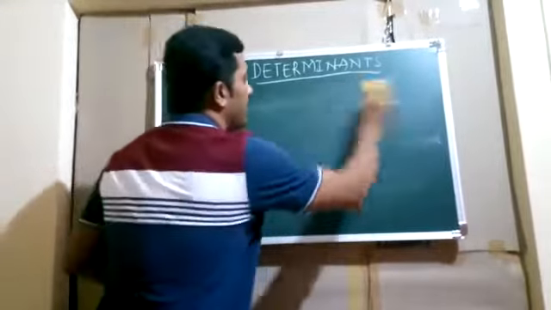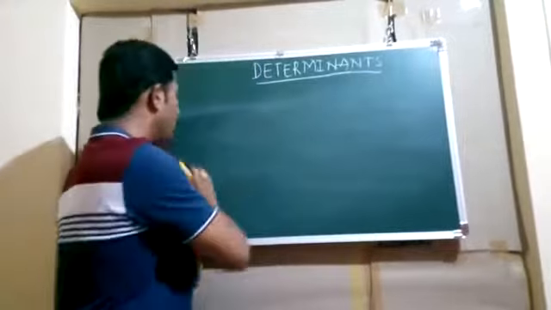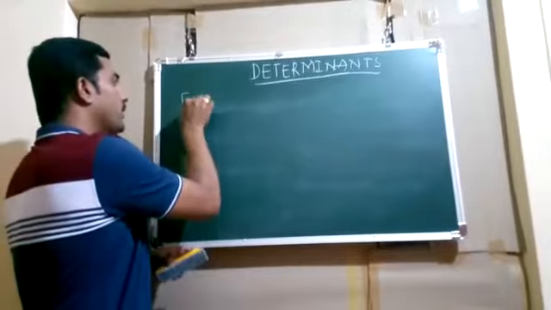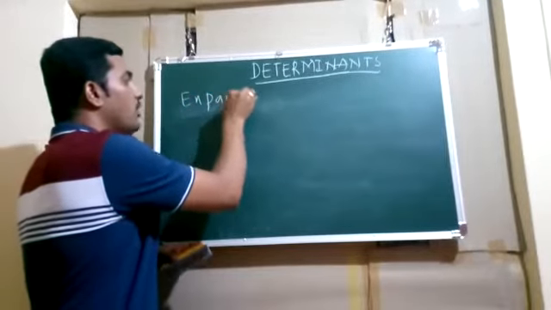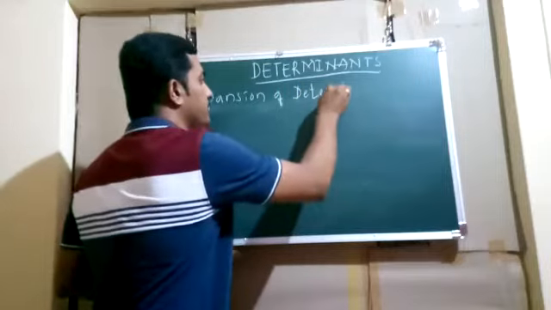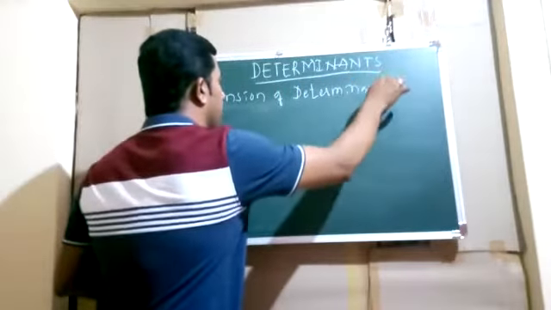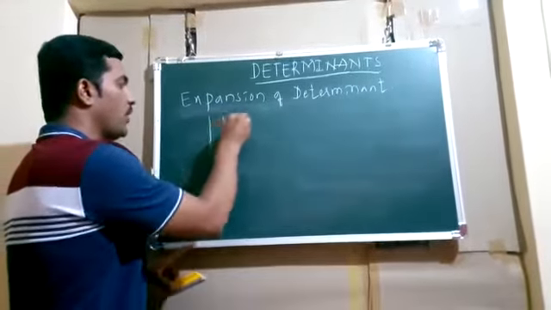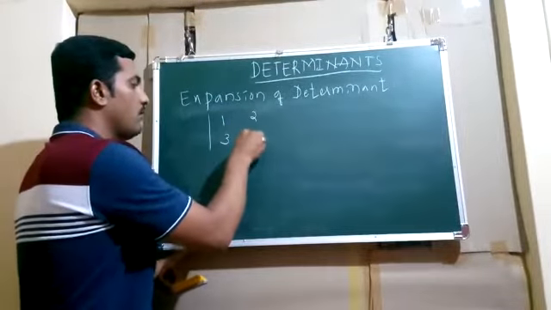For example, we take the heading, expansion of a determinant. So now I'll take a 2 cross 2 determinant, 1, 2, 3, 4. Now I want to expand this determinant. Very simple.